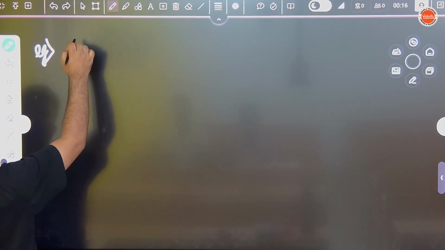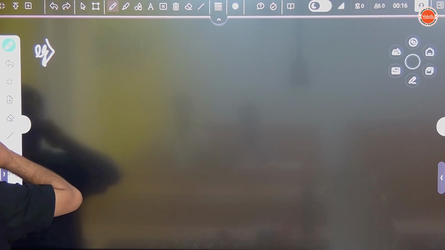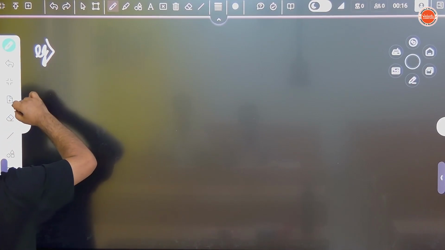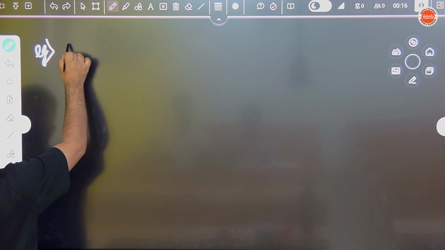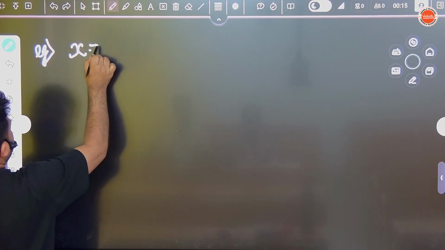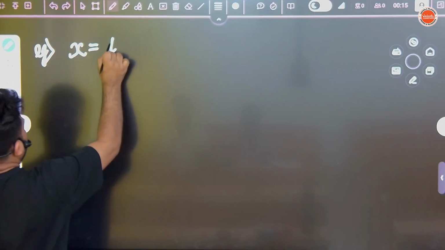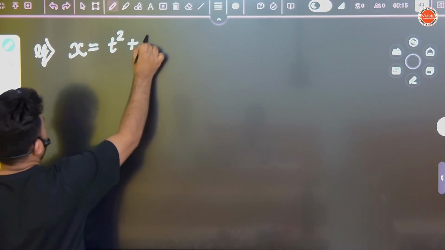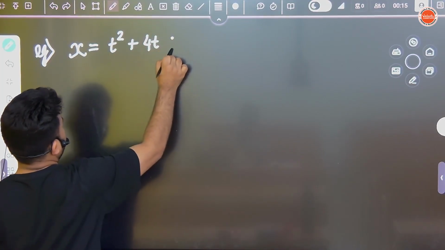Like they give that the position of the object is t square plus 4t plus 5.